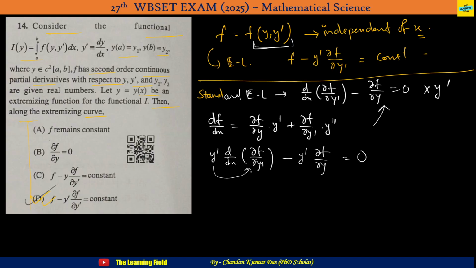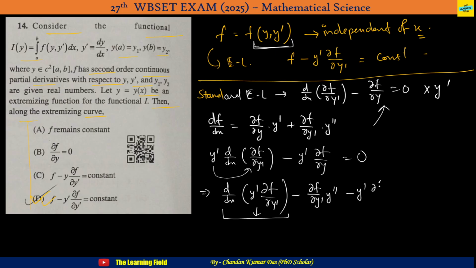Now we put this y dash inside the bracket, so we write d/dx of y dash ∂f/∂y'. Writing it inside the bracket creates two terms from the total differentiation, and one of them was not in the original line, so we have to exclude that term. That term is ∂f/∂y' times y double dash.